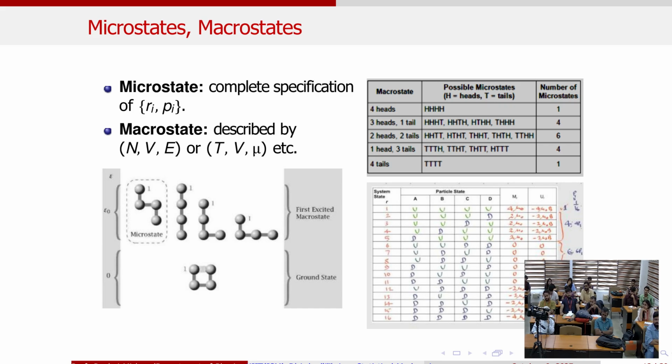In this particular case, for the 0 value, there are 1, 2, 3, 4, 5, 6, and total values are 16. So 6 divided by 16 is the probability to get the energy value 0. Since there are 4 possibilities for -2 mu naught B, the probability of getting it is 4 divided by 16, that is 1 by 4. The probability of getting -4 mu naught B is 1 by 16. So the most probable one is 0.